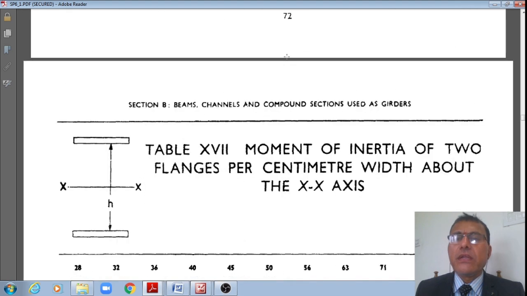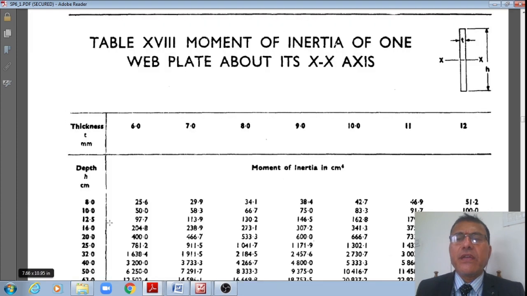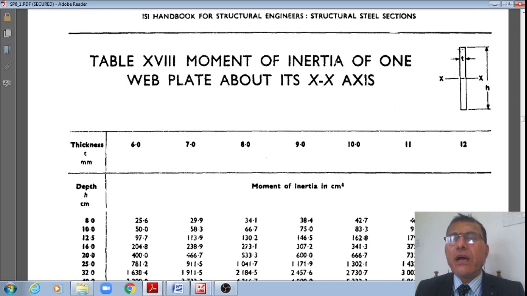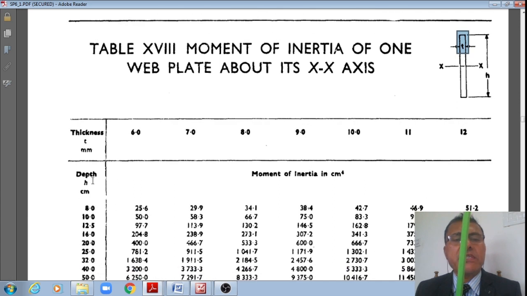Previously, we have seen these are for flanges, compression flange as well as tension flange, right? Therefore, if I am using Indian standard plated girder section, then what is the moment of inertia of this web using this plate, right? Of this much of depth, right? A depth of 80 centimeter with a thickness of 6 mm, about this major axis of bending, right?